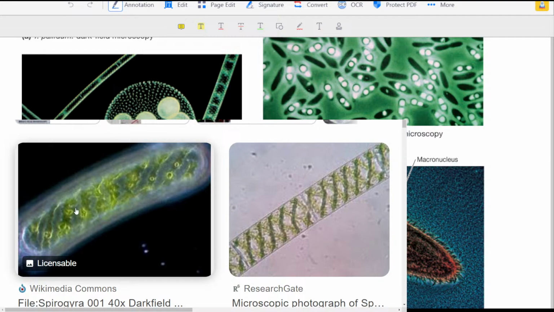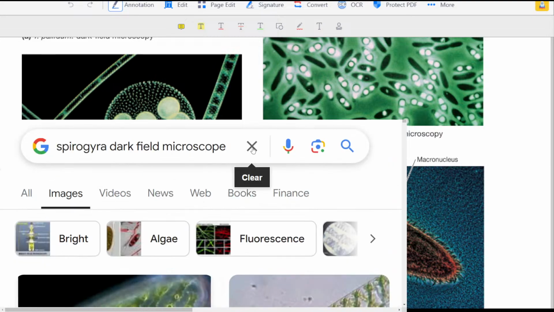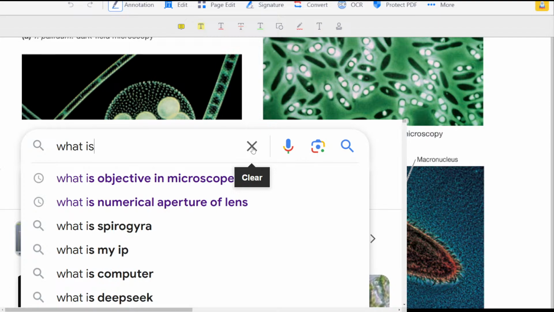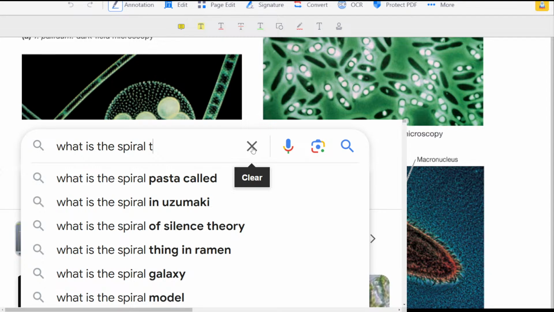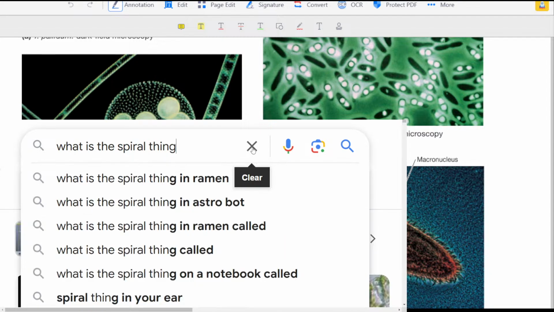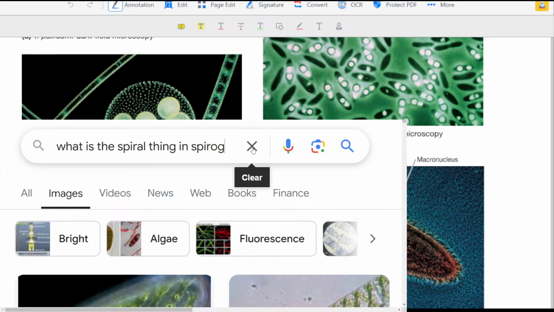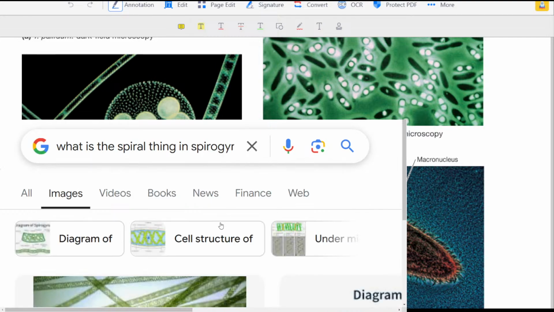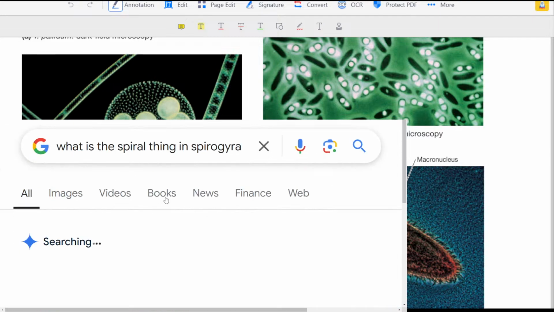Look, the background is so black, and they already stained it as well. Look at the spirals. I think that's why it's known as Spirogyra. I think the DNA. What is the spiral thing in Spirogyra? Images aren't going to explain it.